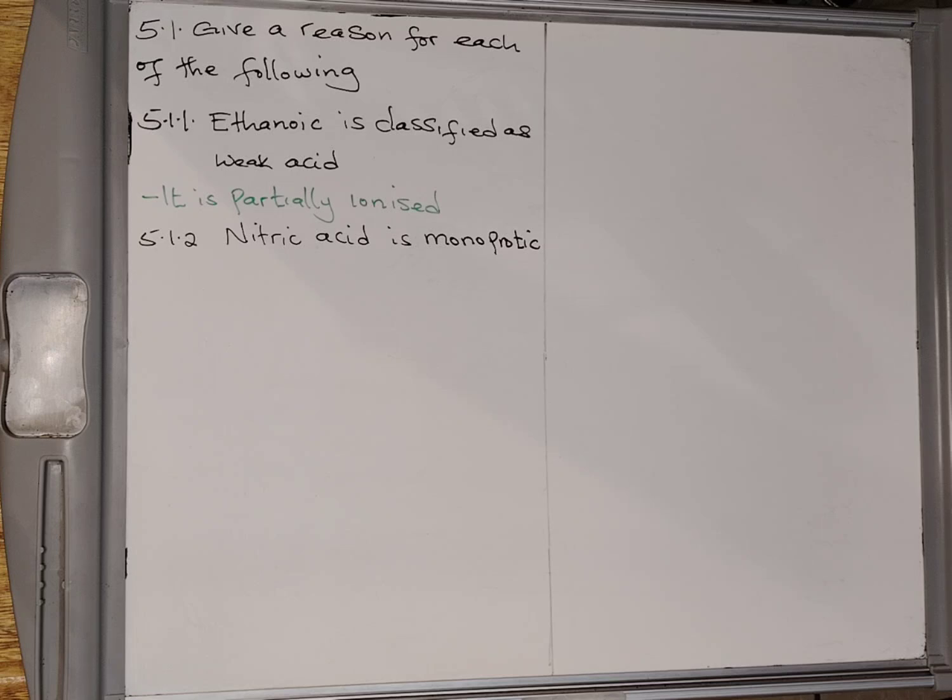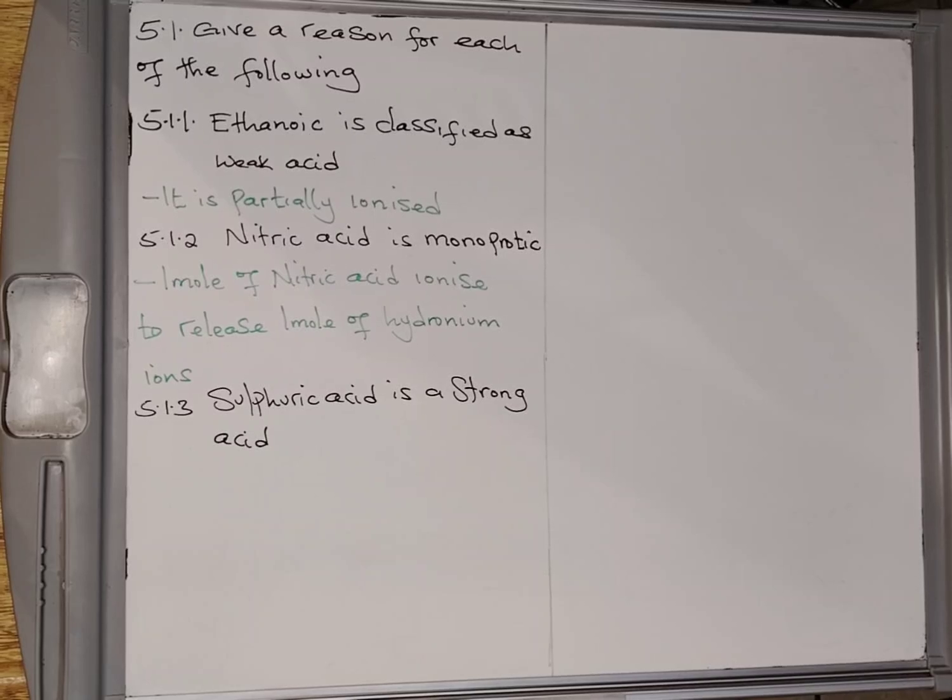Diprotic: 1 mole of the acid releases 2 moles of hydronium ion. So there lies the answer. It is monoprotic because 1 mole of nitric acid releases 1 mole of hydronium ion during ionization.